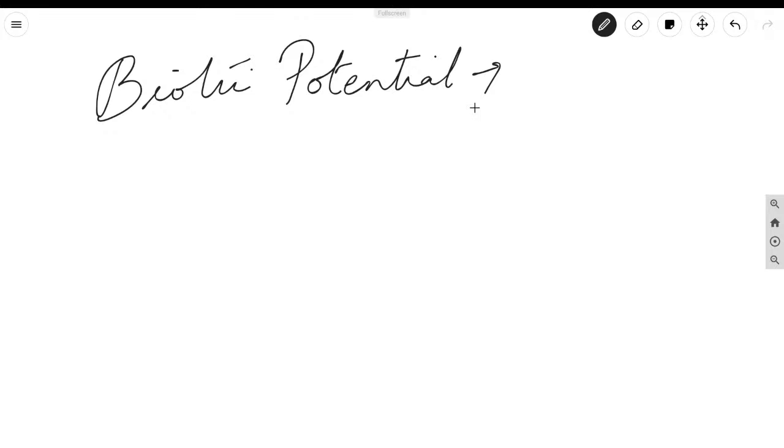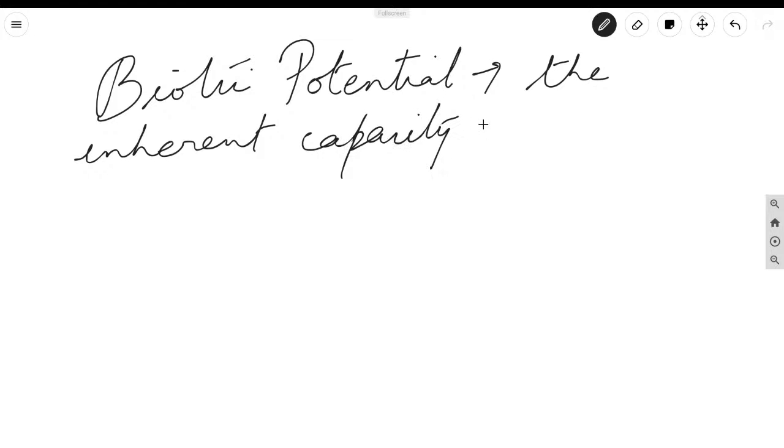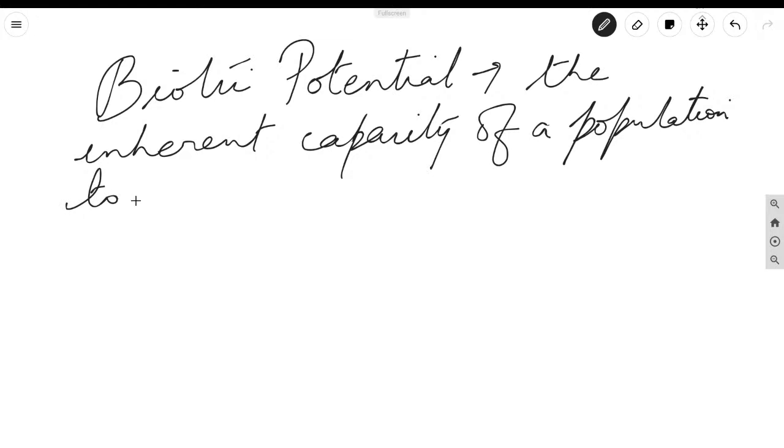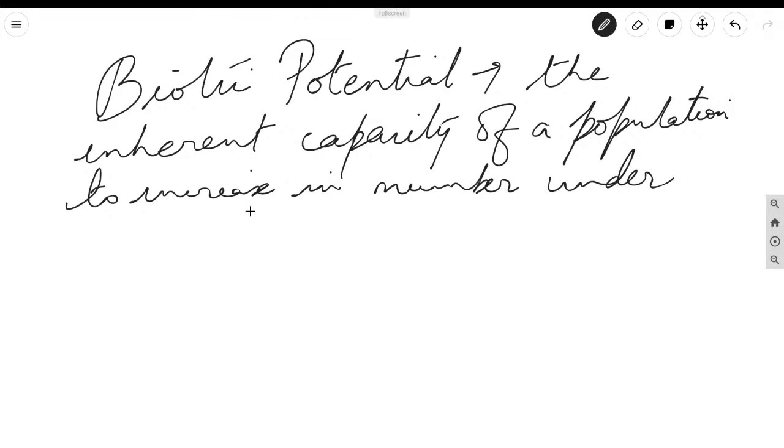It is defined as the inherent capacity of a population to increase in number under optimal environmental conditions.